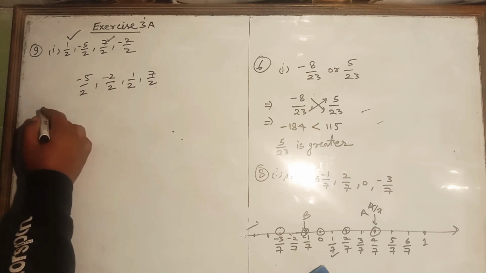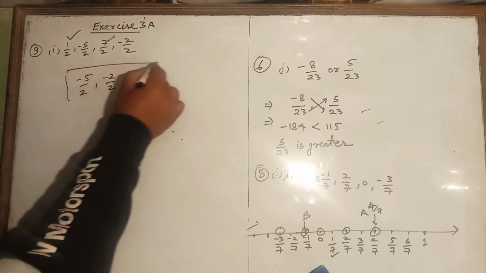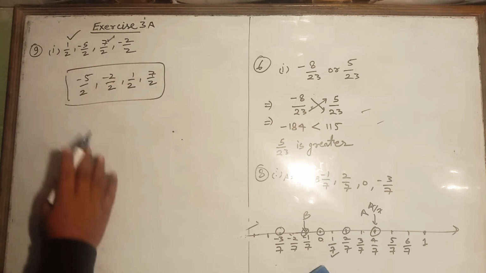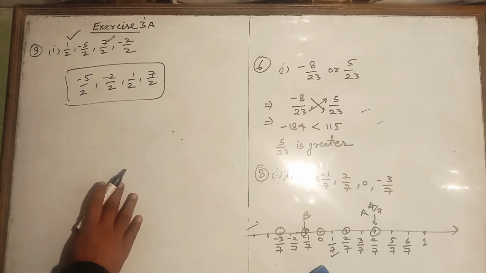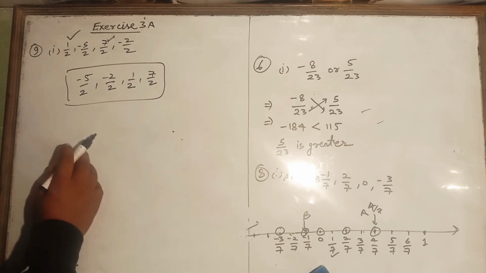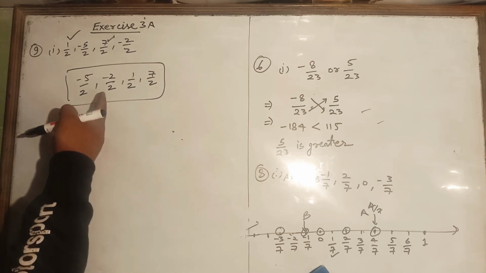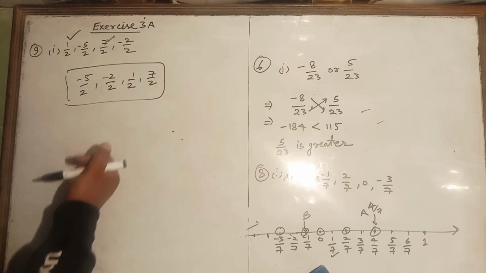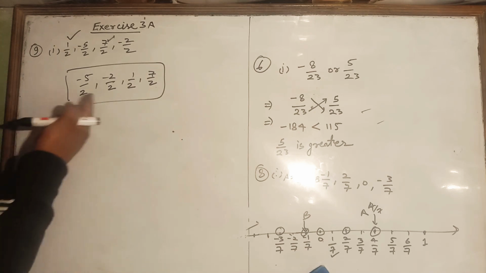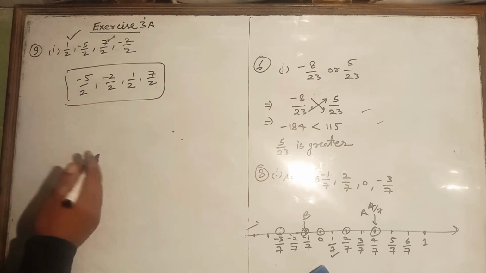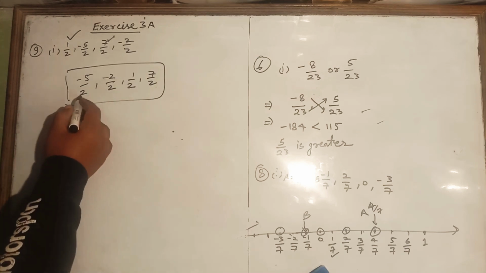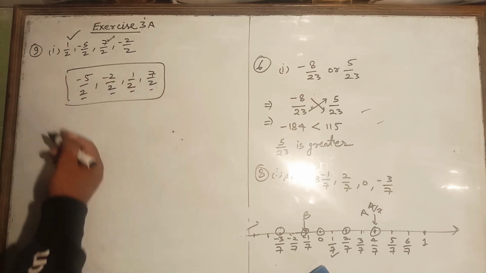The smallest one will be minus 5 by 2, and this will be our order from smallest to highest. The same way you will do the other part also. If the denominators are not equal, then first you will make the denominators equal, then you will solve it by comparing the numerators.